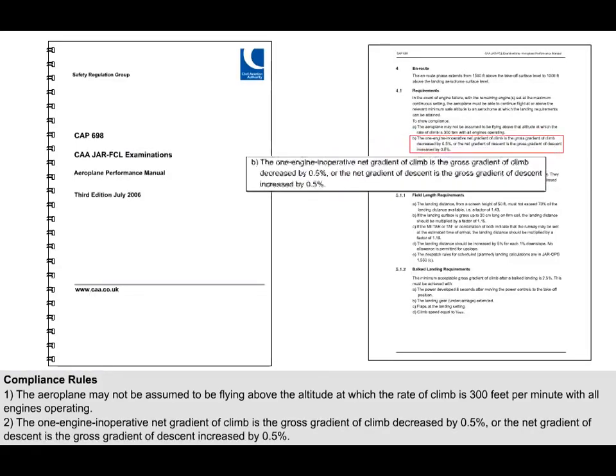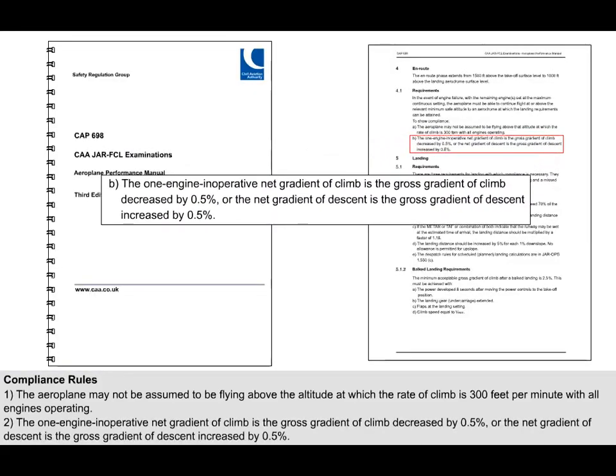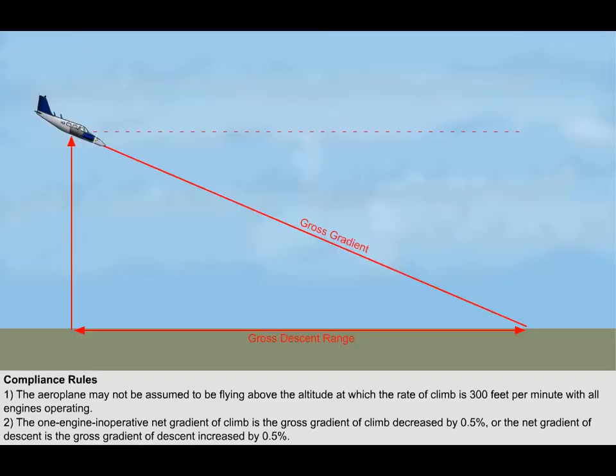The second compliance rule states that the one-engine inoperative net gradient of climb is the gross gradient of climb decreased by 0.5%, or the net gradient of descent is the gross gradient of descent increased by 0.5%. What the compliance rule is saying is that when calculating the descent range to work out if the aeroplane can make it to an airfield, the gross gradient of descent must be increased by 0.5%.